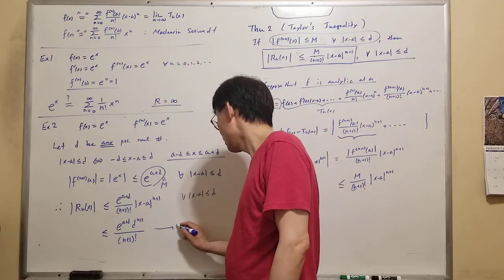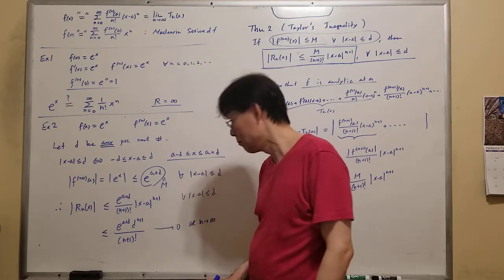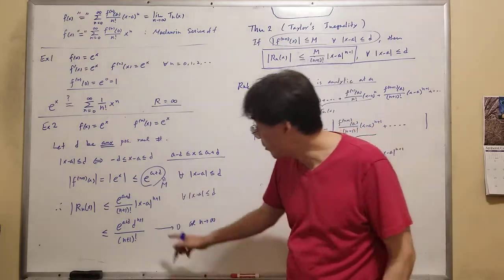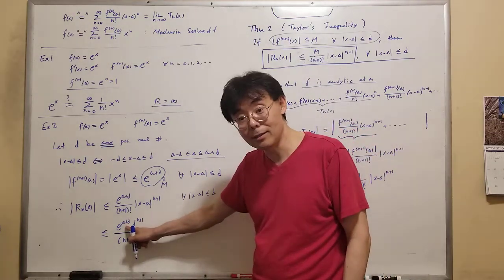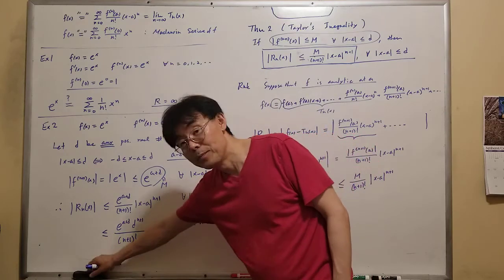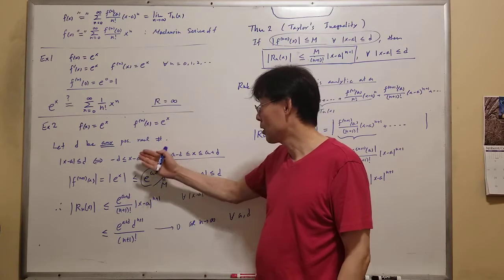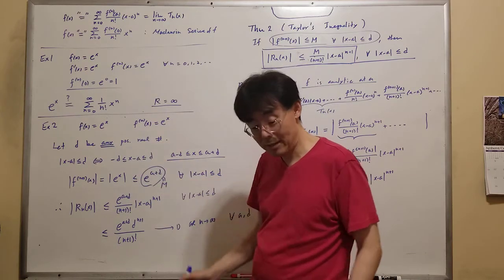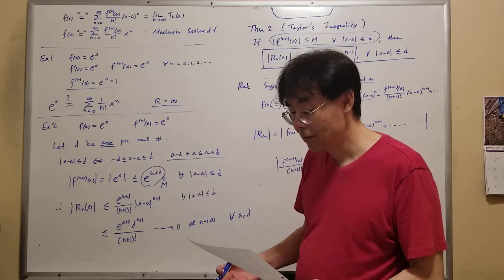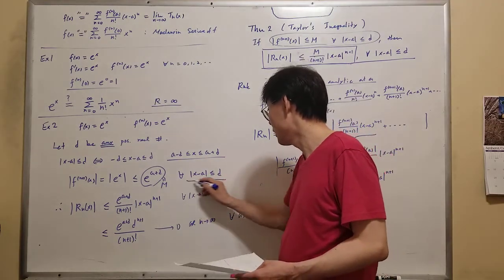This one goes to 0 as n goes to infinity, no matter how large d is, no matter how large or small a is, for all a and d. So this one converges, so the limit of Rn is 0 for all x in here.